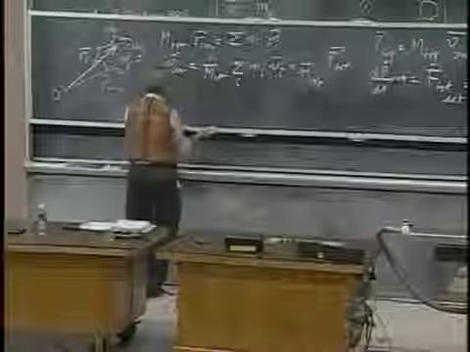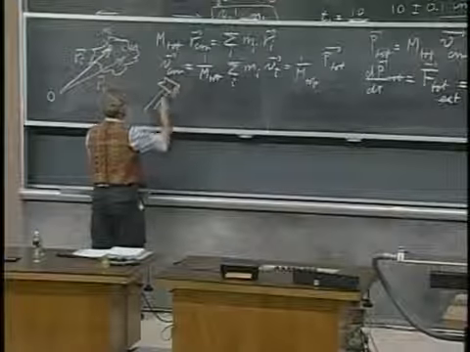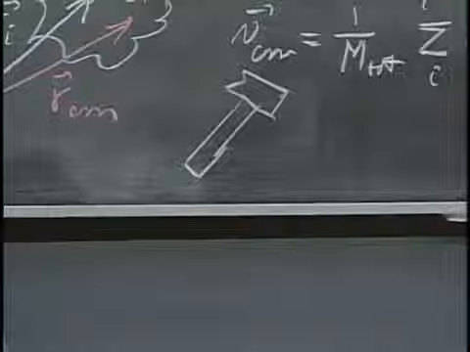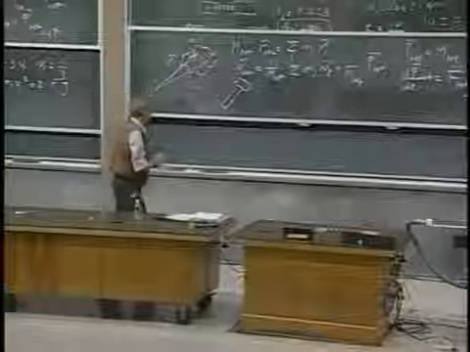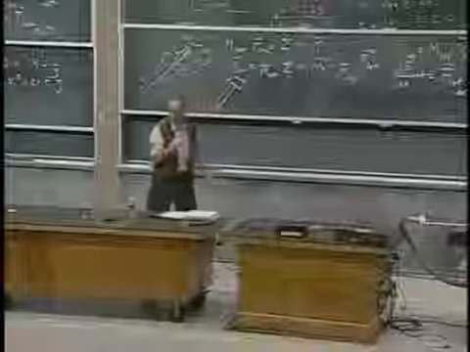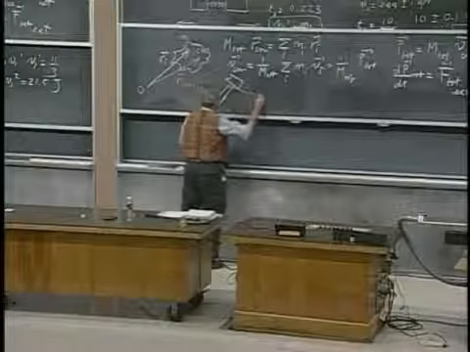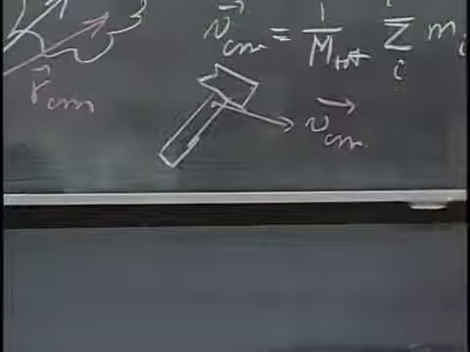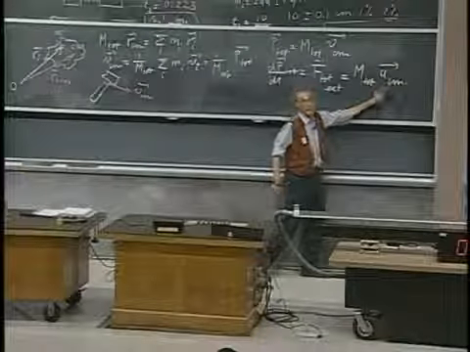If I had here a hammer, this is a hammer, and there were no external forces, I would be somewhere in outer space, and it would have a certain velocity. Then the center of mass, but only the center of mass, would have a velocity that never changes, because if there's no external force, then there is only a constant velocity. There's no acceleration.